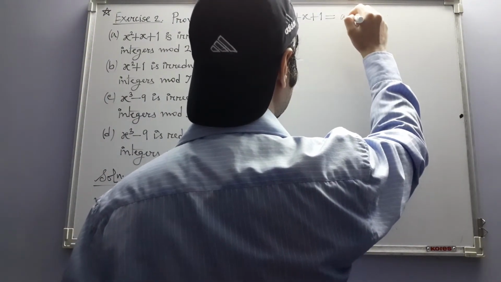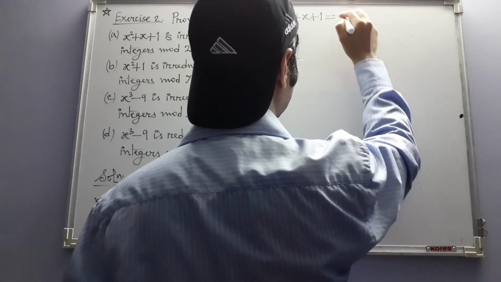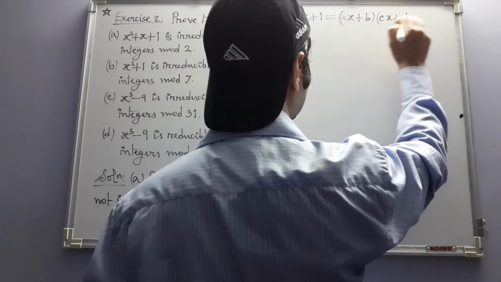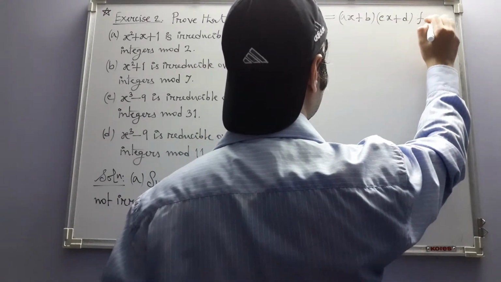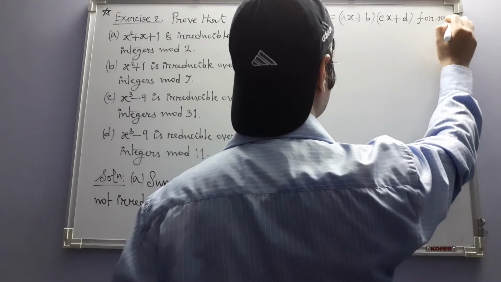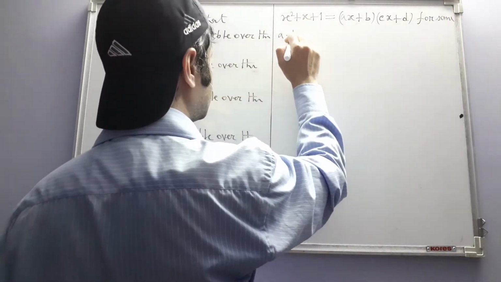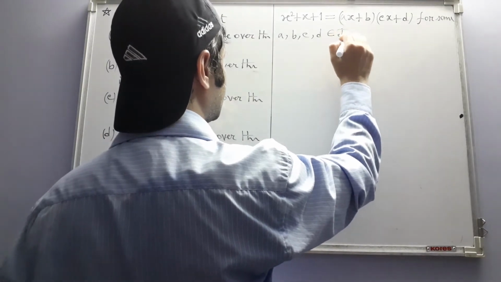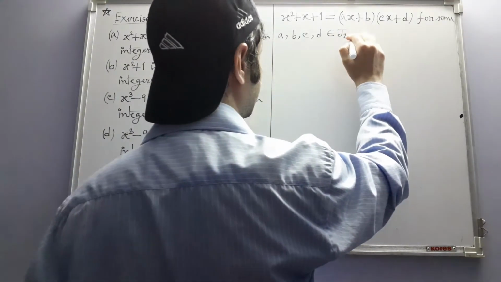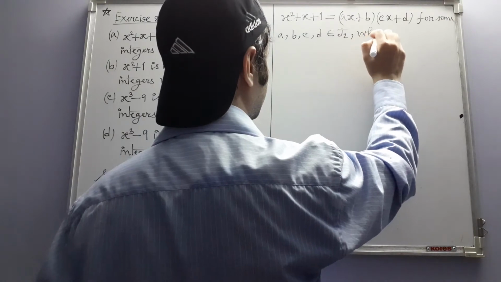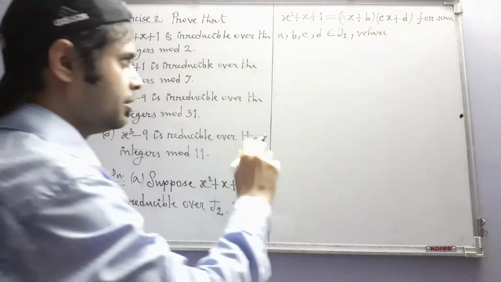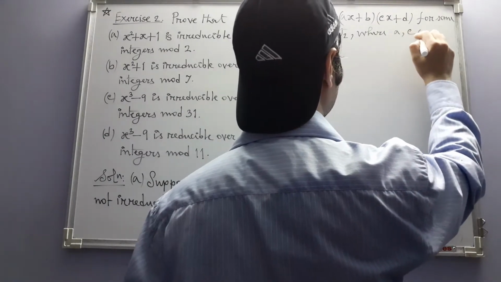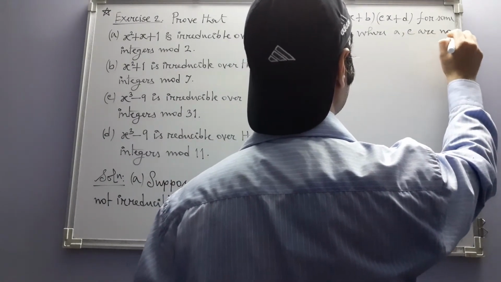So this can be written as ax plus b times cx plus d, for some coefficients a, b, c and d coming from this finite field J2, where to make sure that these are degree 1 polynomials, we have to assume that a and c are non-zero.